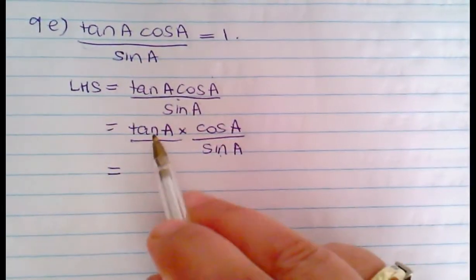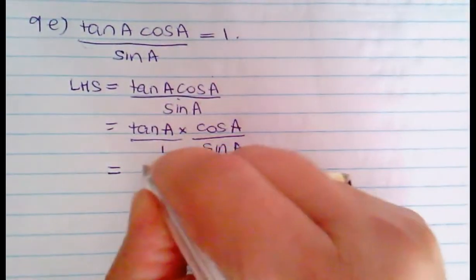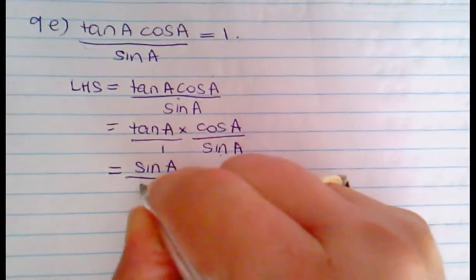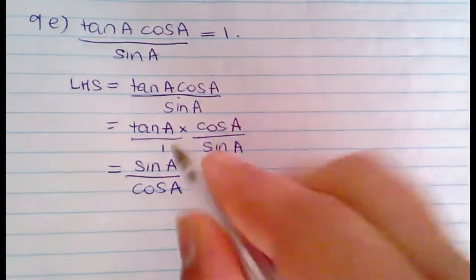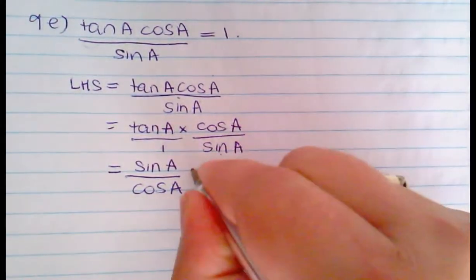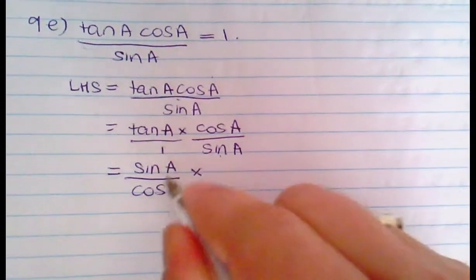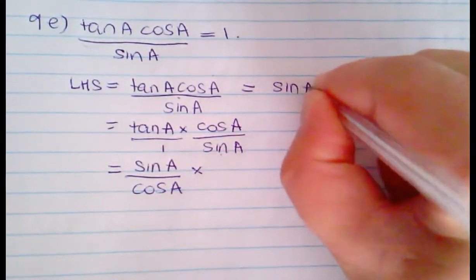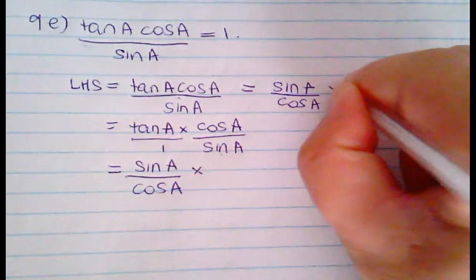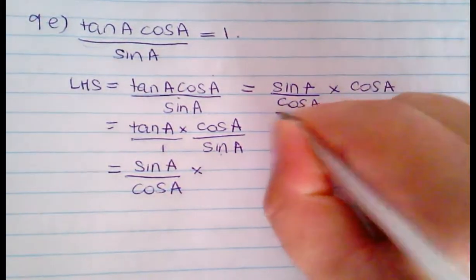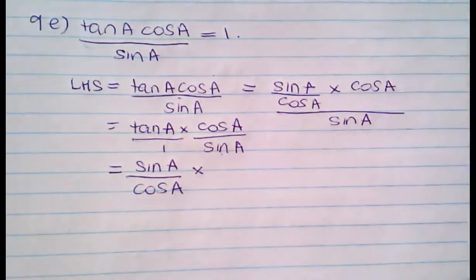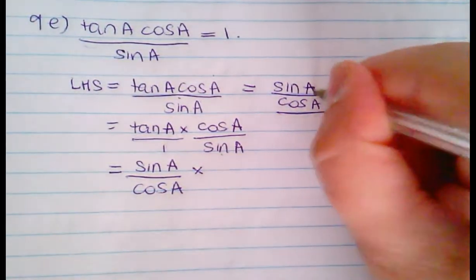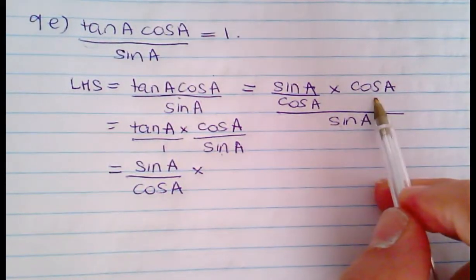The reason I'm keeping the tan A on its own is because tan A itself is sine A divided by cos A. I don't need this over 1 either. So I could have gone like this: sine A over cos A, that's for the tan A, times cos A divided by sine A. If you do it like that, then you've got to work out where this is going to go.